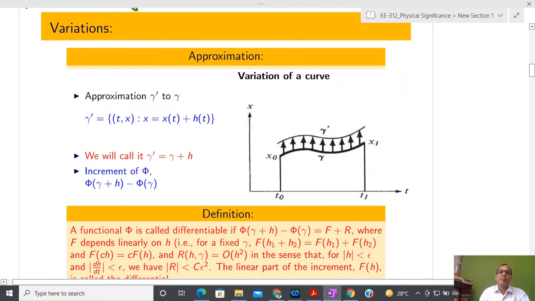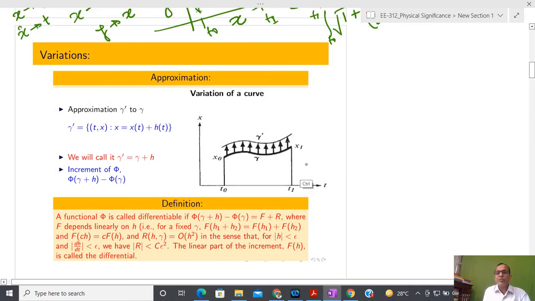Before that, first try to understand what the meaning of variation is. Variation is nothing but some kind of approximation. So in order to define the variation, I first try to see that I have some kind of curve. Suppose this is the curve gamma, and nearby the gamma curve I have again defined some gamma dash.